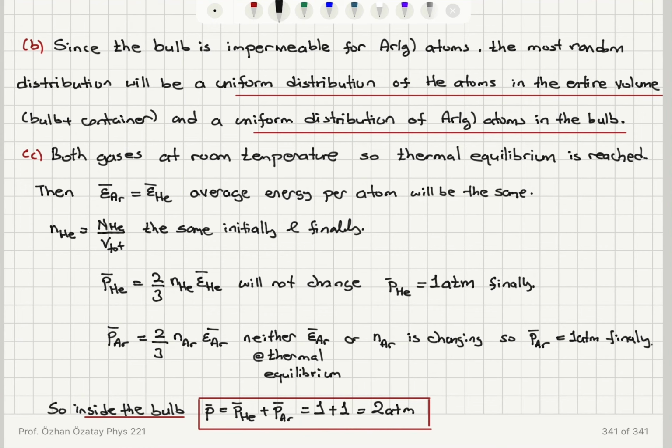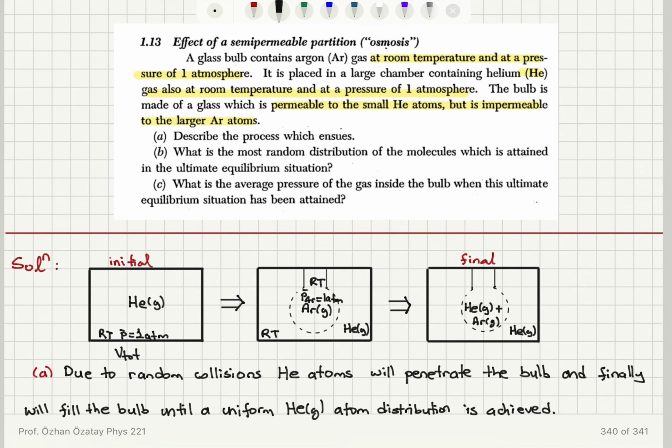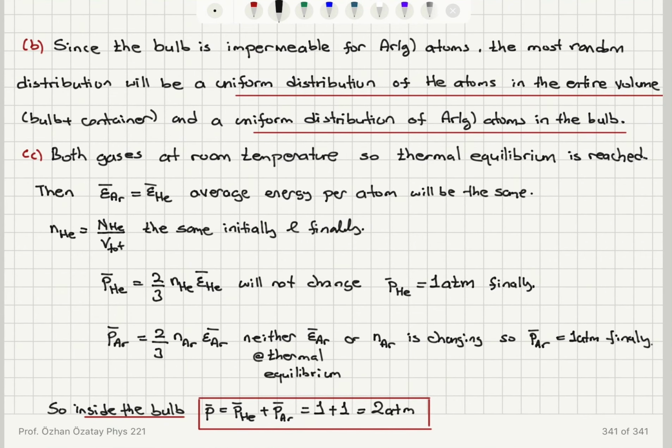The number density for helium atoms is the number of helium atoms divided by the total volume initially and finally, because it's also filling the entire volume finally. So we have the same number density, same mean energy per atom. So 2/3 number density times mean kinetic energy gives us the mean pressure from elementary kinetic theory, and that is 1 atmosphere. It's not changing.